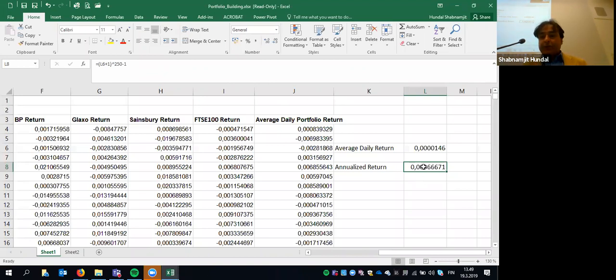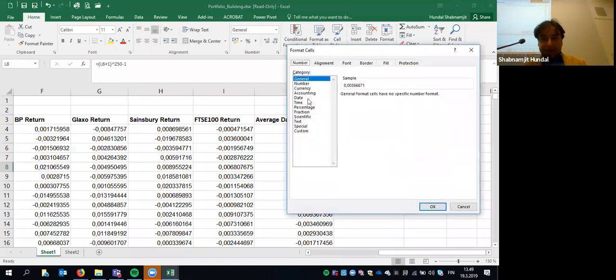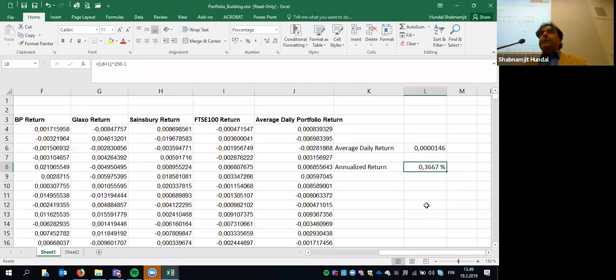This number is very small, and if I format it and make it to percentage to 4 decimal places, you can see that in these 2 years, investor has earned 0.3667%. This is a yearly return for the 2-year period. Okay, but this is the relevance of annualizing the return.